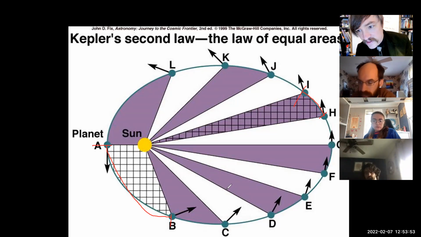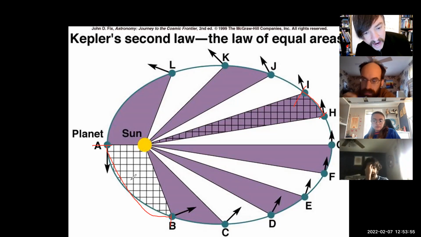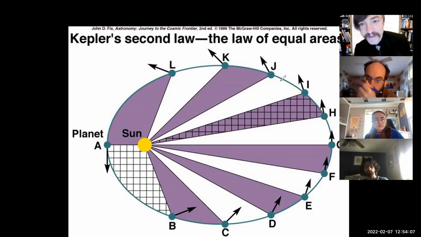Even though the distance is not the same with time, the area that the planet sweeps out should be constant. And the area of this short squat triangle is magically always equal to the area of this long skinny triangle, as long as the time is constant.